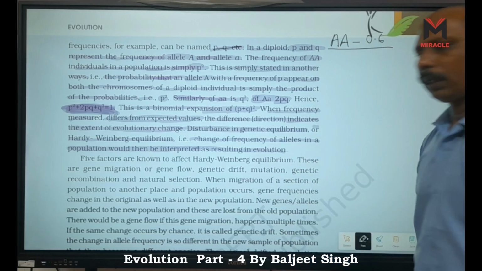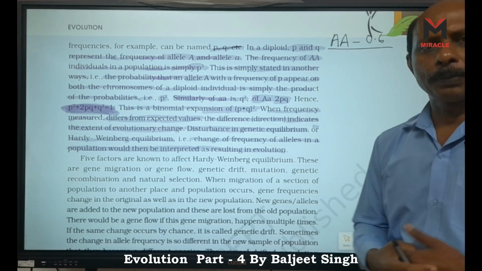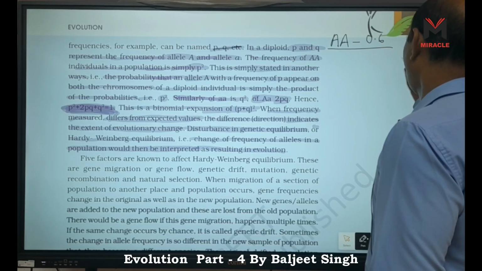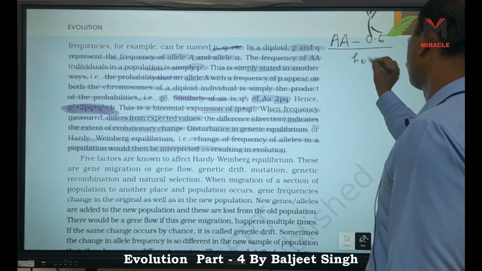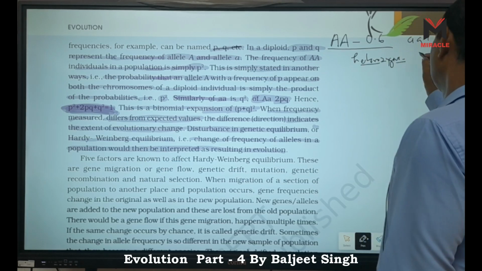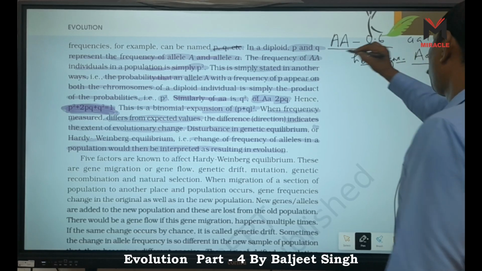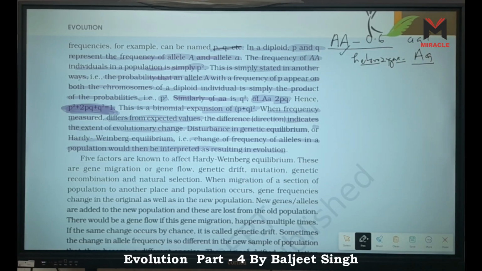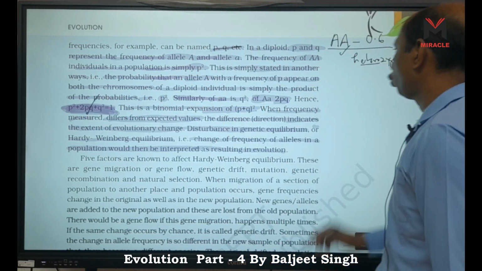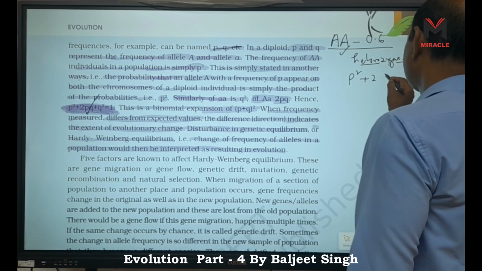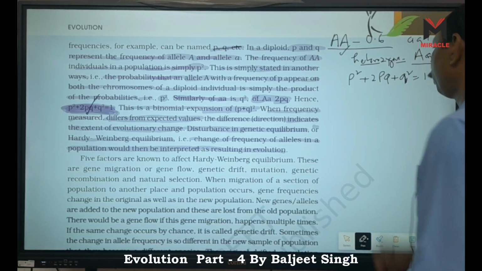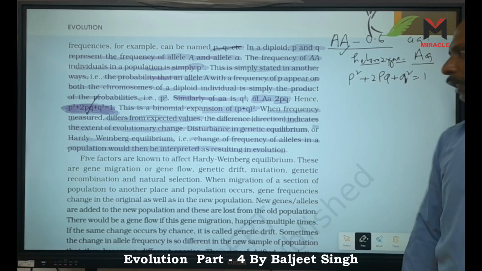Then you can find the frequency of the other allele, small a, and the frequency of heterozygous, capital A small a, in the specific population in which capital A is 0.6. You have to use this equation, p square plus 2pq plus q square is equal to 1, if no evolution is there.